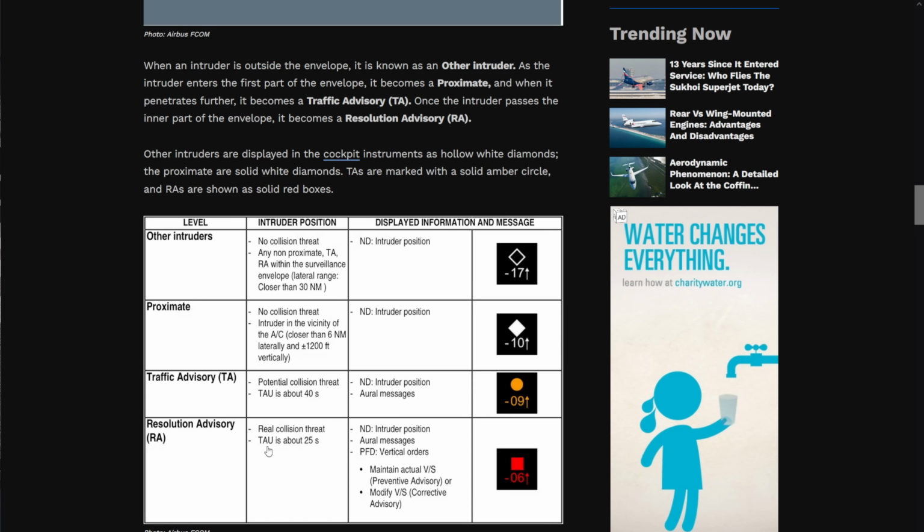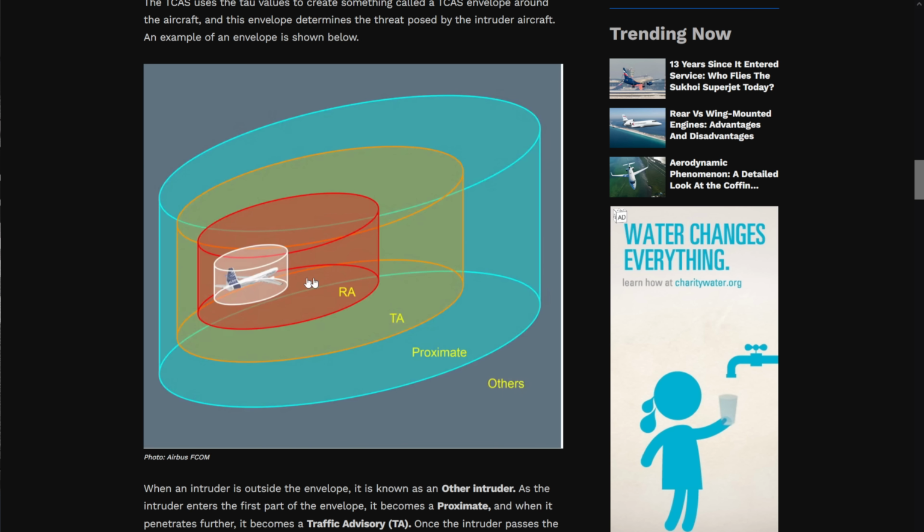So the resolution advisory zone is the one where you've got 25 seconds to the possible impact. The traffic advisory is 40 seconds. And the proximate traffic is aircraft closer than 6 nautical miles laterally and 1,200 feet vertically. So these are the zones that TCAS is made for.